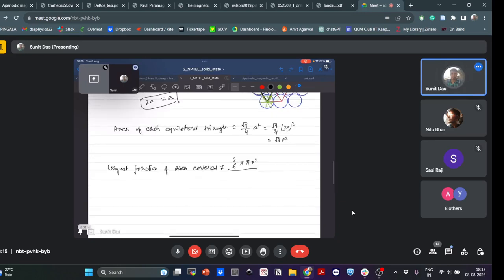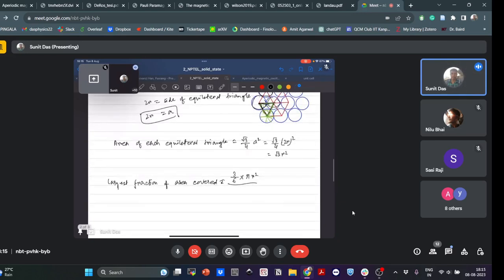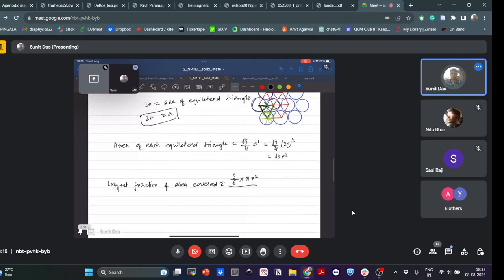You understand that 3 by 6, why 3? Because one triangle takes three portions. Now how much portion of a disc is that? Each portion is 1/6 of that disc.